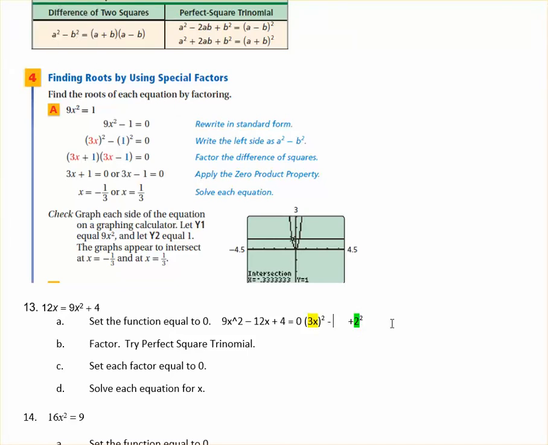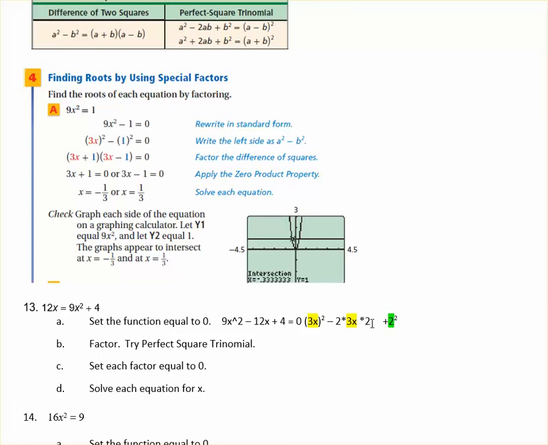And the middle term has to be 2 times a, and remember that a is 3x. And I'm going to highlight that so you can see that it matches. So 3x. And we have to multiply that by b, which is 2.